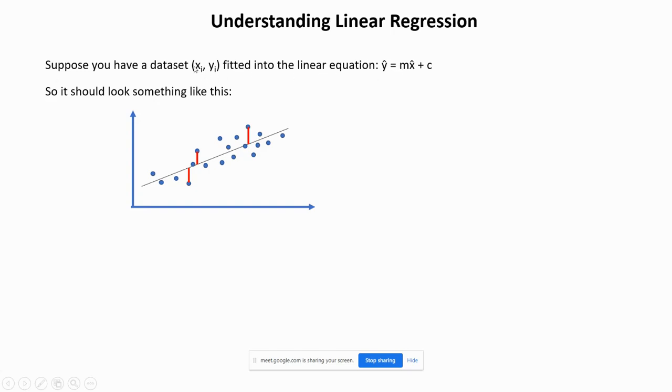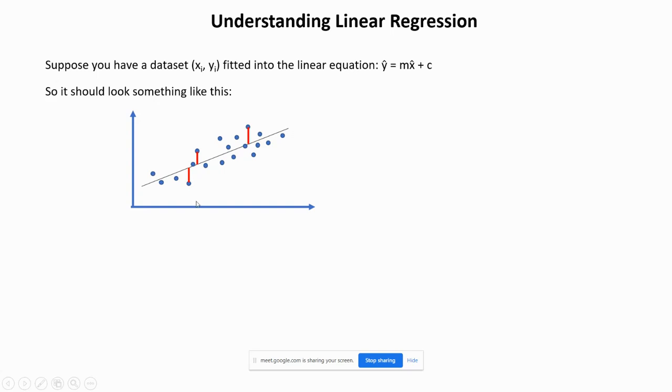That means at the same xi, your yi is this point and y hat i is here on this line, because this equation will be satisfied at every point of this line, right?